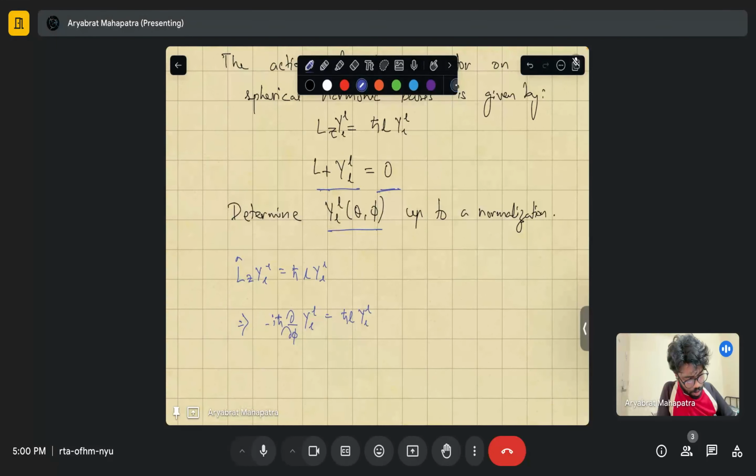So from here I can write this differential equation.